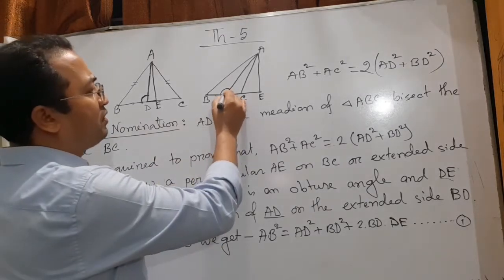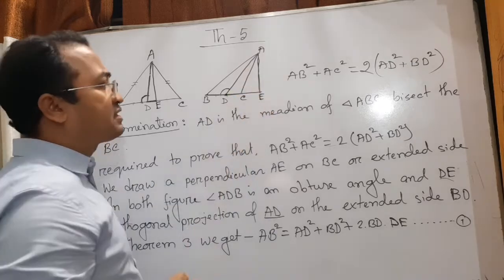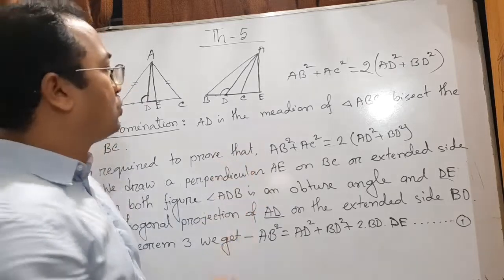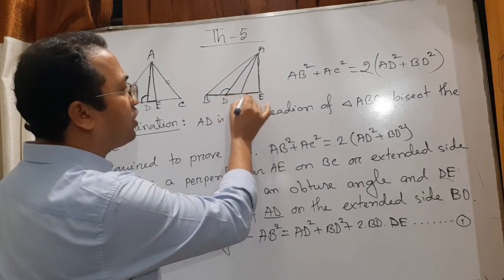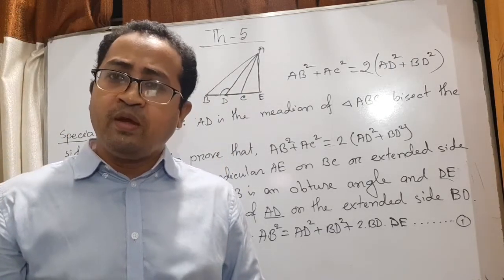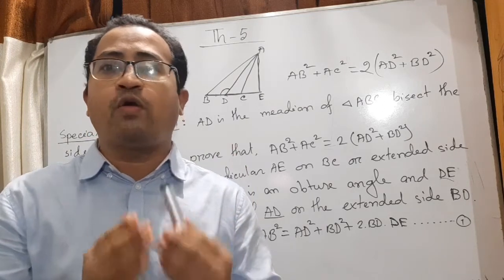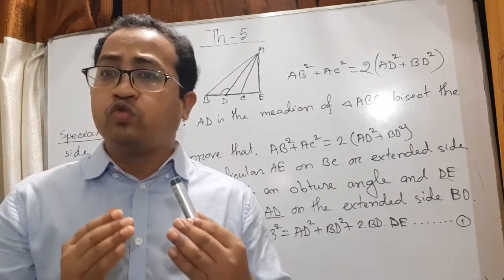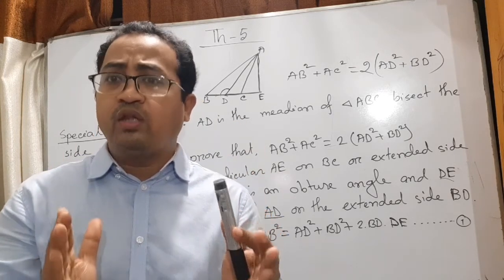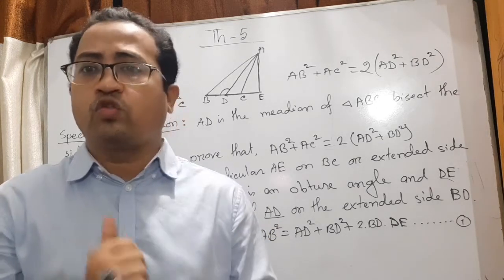Here, look, D coincides. We will draw a perpendicular line which cuts the extended side of BC at E. So this DE is the orthogonal projection. How can you find the orthogonal projection? By drawing two perpendiculars from the two end points of a line; the feet of those perpendiculars give the orthogonal projection.